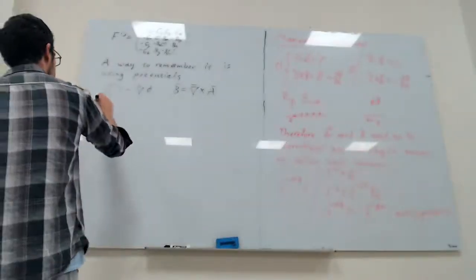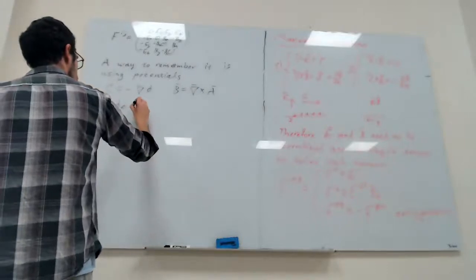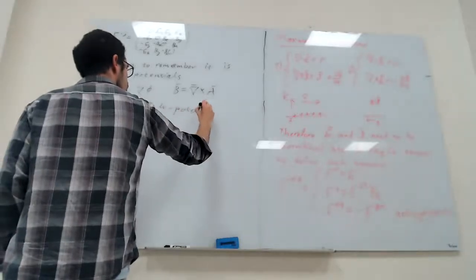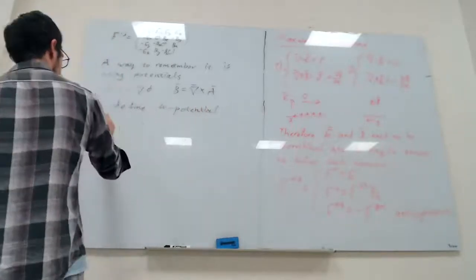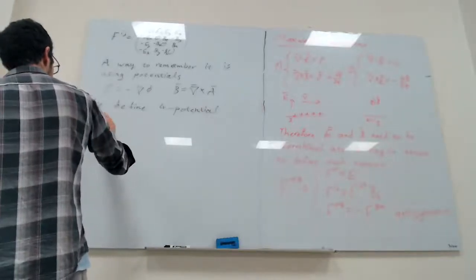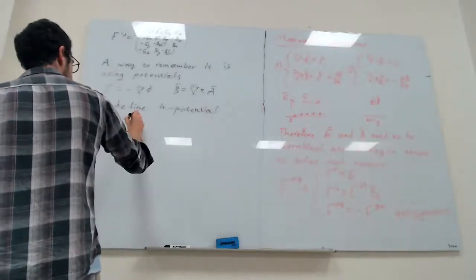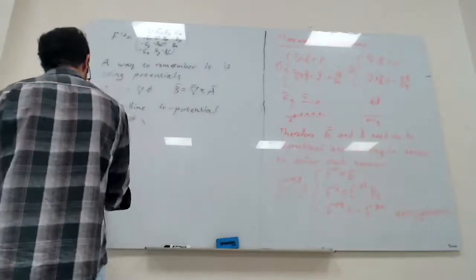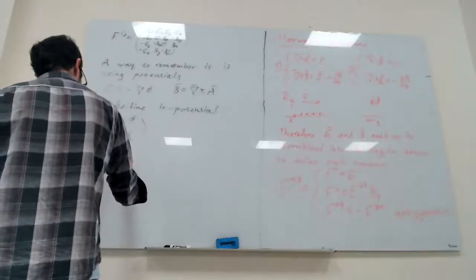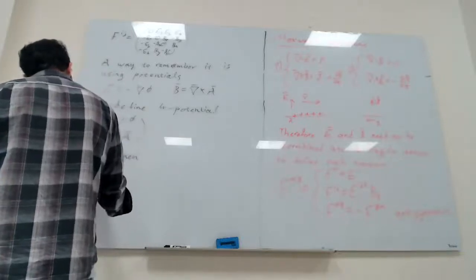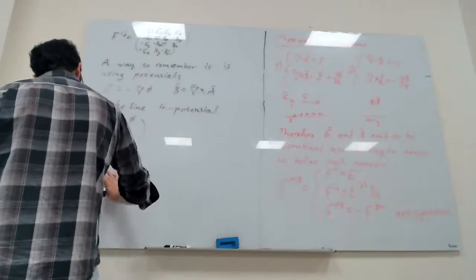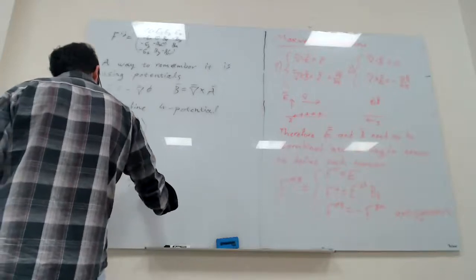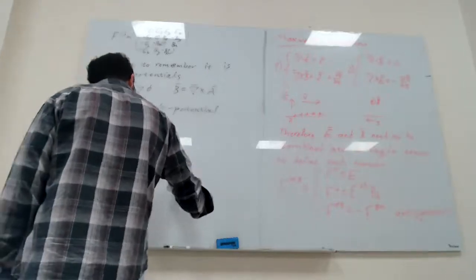We define the four-potential A mu, up to factors of c, as phi and A. Then F mu nu equals d mu A nu minus d nu A mu.